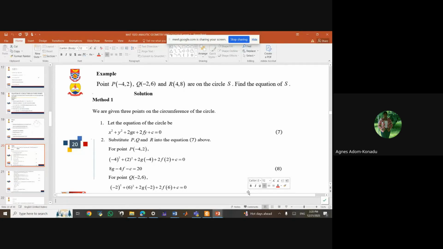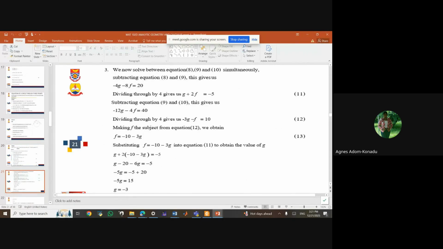This will give me (-4) squared plus 2 squared plus 2g times -4 plus 2f times 2 plus c equal to 0. When I simplify, I'm going to get 8g minus 4f minus c equal to 20. Then I will also substitute Q, which is -2, 6 into the equation. So I'm going to get (-2) squared plus 6 squared plus 2g times -2 plus 2f times 6 plus c equal to 0.